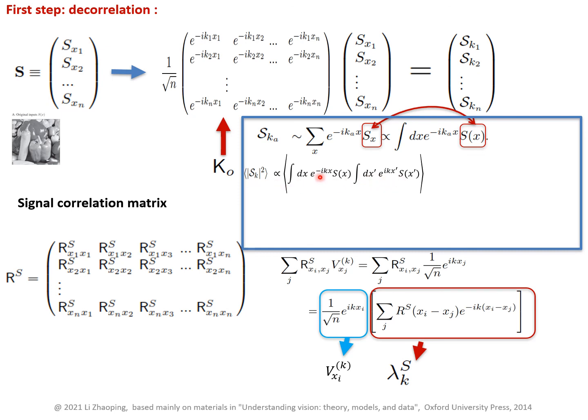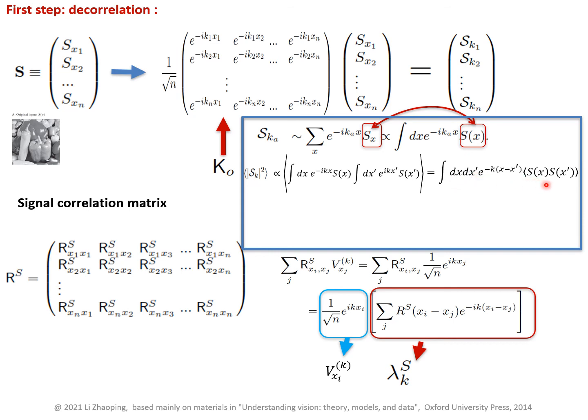And complex conjugate means this minus sign becomes a plus sign. And so these two things multiply with each other. It's squared, and then the ensemble average. We take this ensemble average over the signal, just over these relevant signals. These are just integration mathematics.